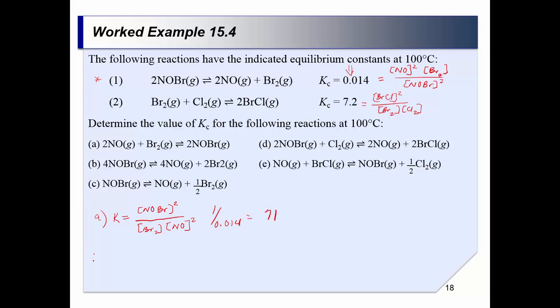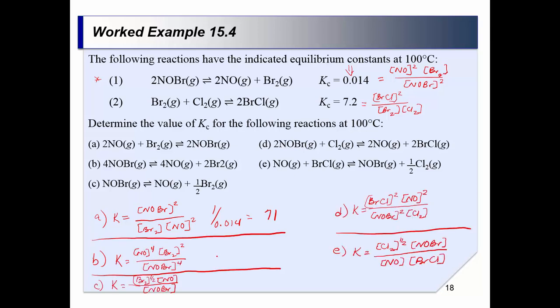For B, I'm going to do the same thing. And to save a little time, I just wrote out all of the equilibrium expressions here. Now B, when I'm looking at the difference between B and my original equation up here, number 1, I can see that the reaction is actually multiplied by 2. And since the reaction is multiplied by 2, then my equilibrium constant here is squared. So what I need to do mathematically is then square the number.